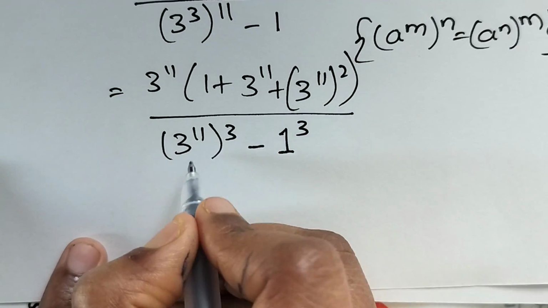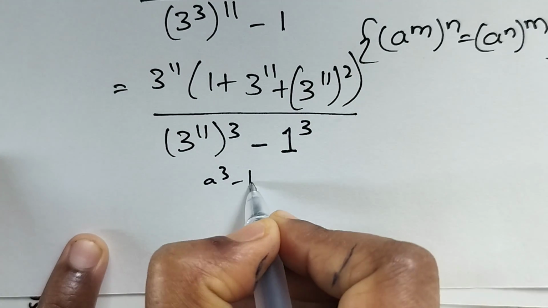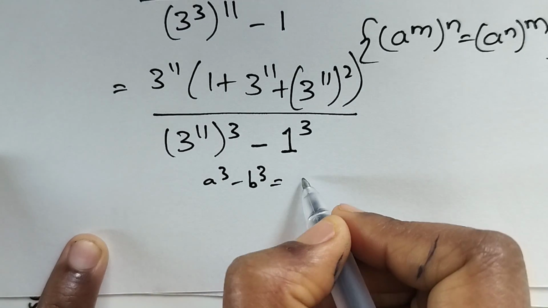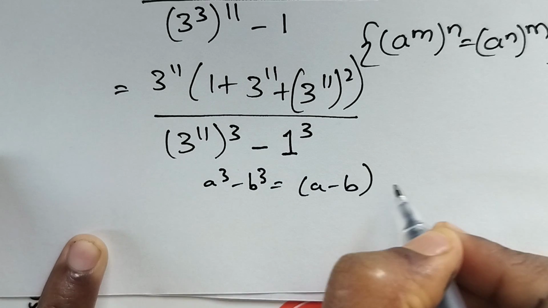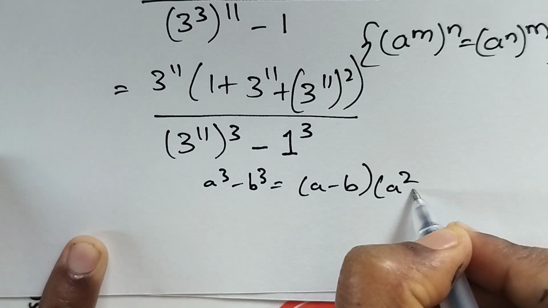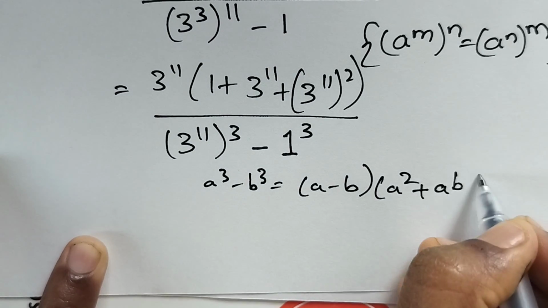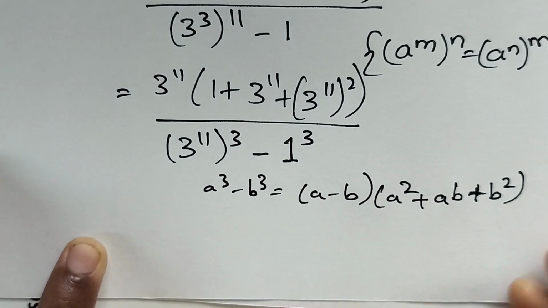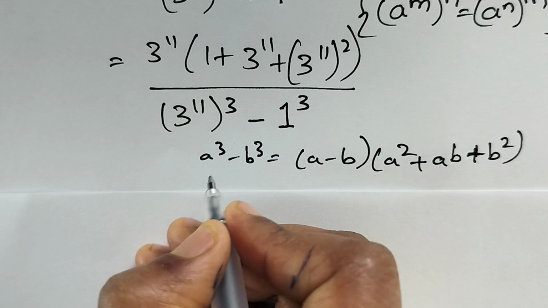So now see here, this is in the form of a cube minus b cube, right? So we know this formula, a cube minus b cube is equal to (a minus b) times (a square plus ab plus b square). So use this formula.